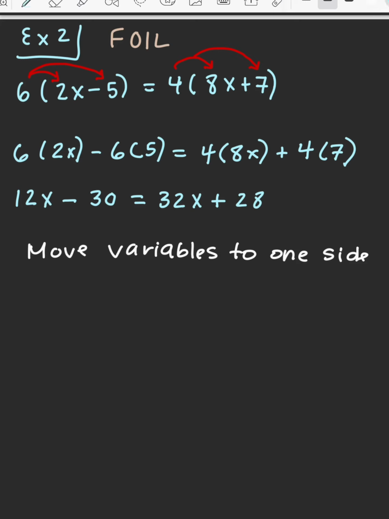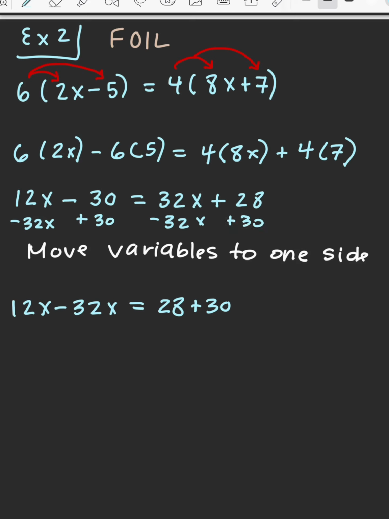So here we would do 12x minus 32x because we are going to subtract this 32x from both sides, equals 28 plus 30 because we're moving that 30 to both sides. 12 minus 32 will give us negative 20x equals 28 plus 30, which is 58.